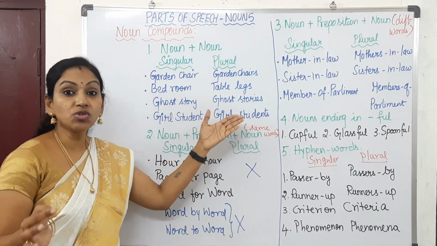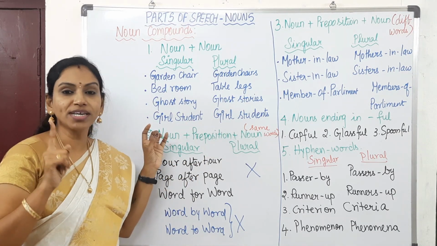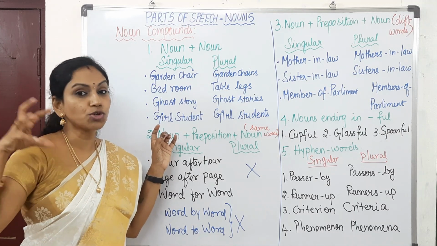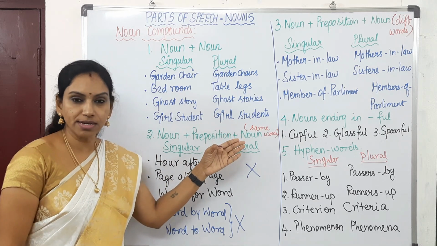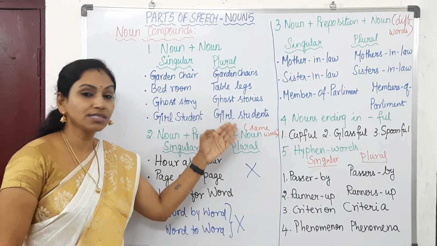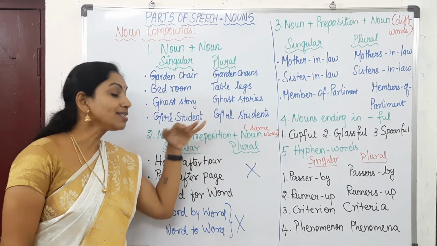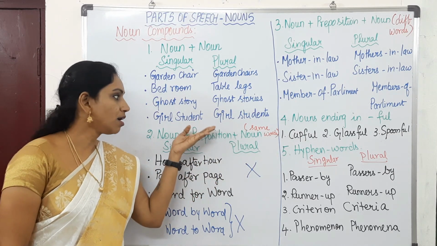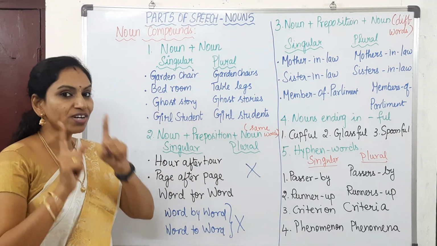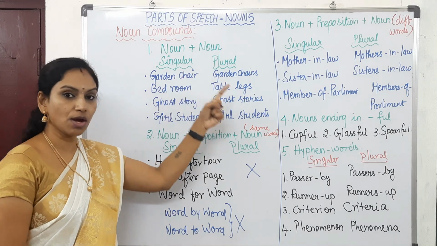Girl students. In spotting the error, my dear friends, they will give you these options to confuse you. Girls student. That is absolutely wrong. There's no word called girls student. It is girl students. Okay. This is the first category, noun plus noun.